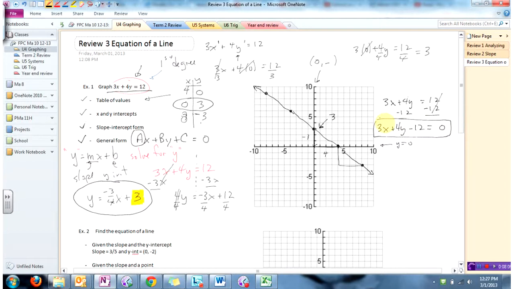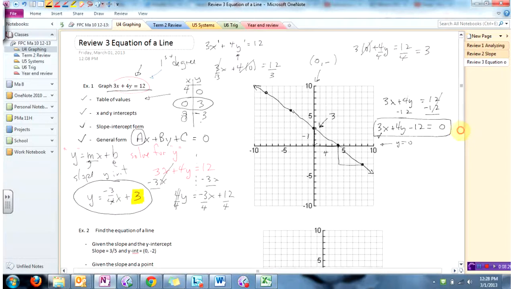It's just a way of leaving your final answer that's nice and clean. A is positive, that means the x term is positive. All of the numbers are integers, nice, easy to work with, and it equals 0. This is really a lot more powerful for the next unit, but we introduce it in this unit. Okay, so there's our first example done.